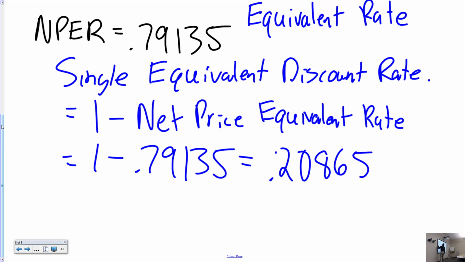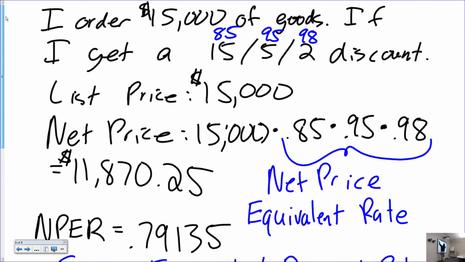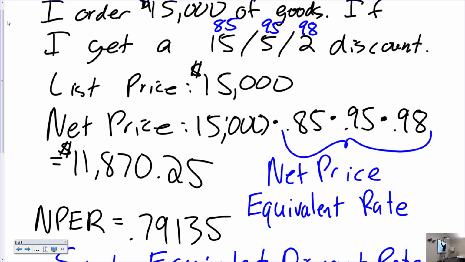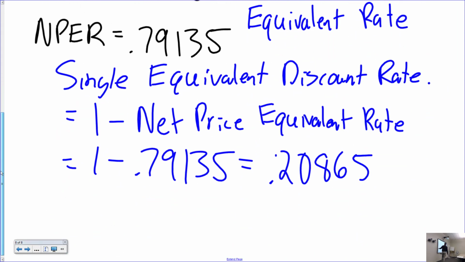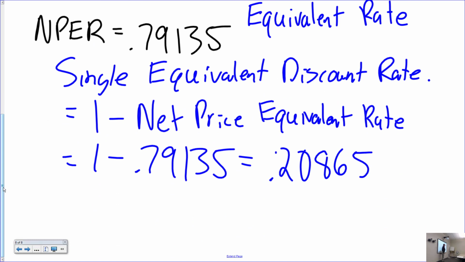So remember, I was getting a 15%, then a 5%, and then a 2% discount. The actual discount that I got was 20.865%. So it's how you take a chain discount and write it as one number. Okay? And that's why they call it the single equivalent discount rate. Okay?